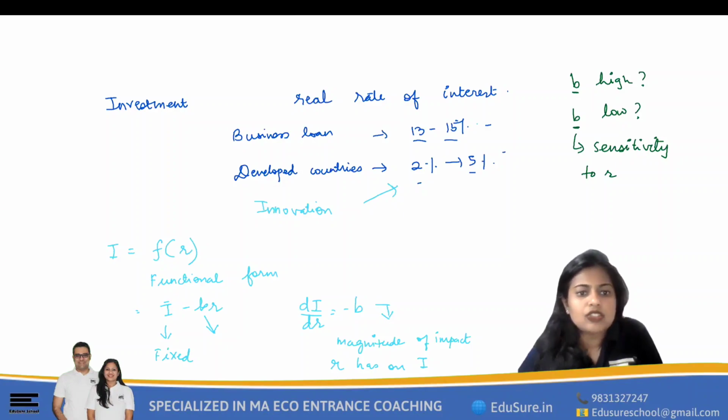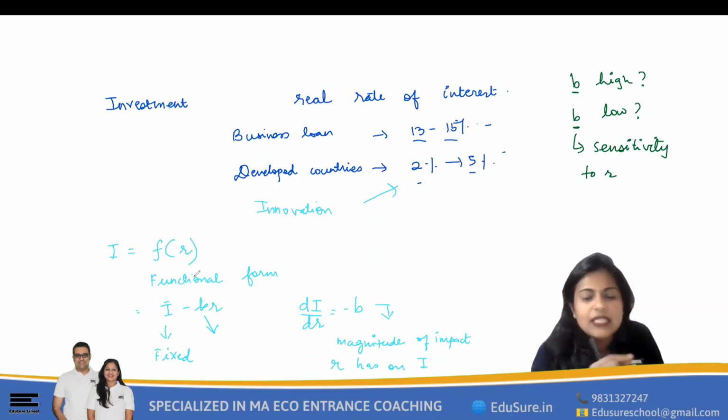So high B means that even if the change in R is small, let's say the rate of interest went up by 0.1%, a small change, but B is very high, the reaction of investment to the small change will be very high.